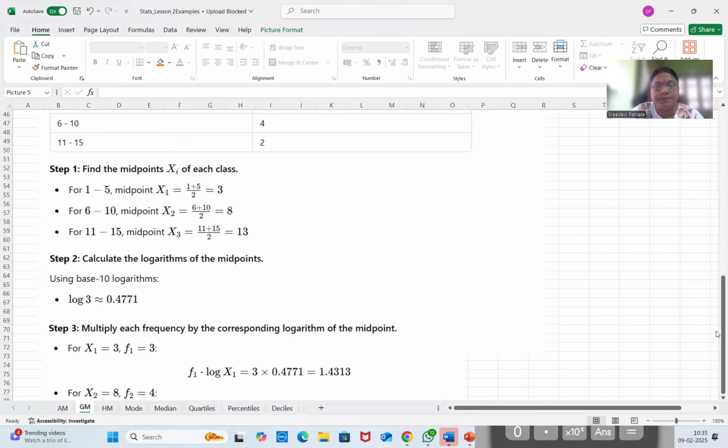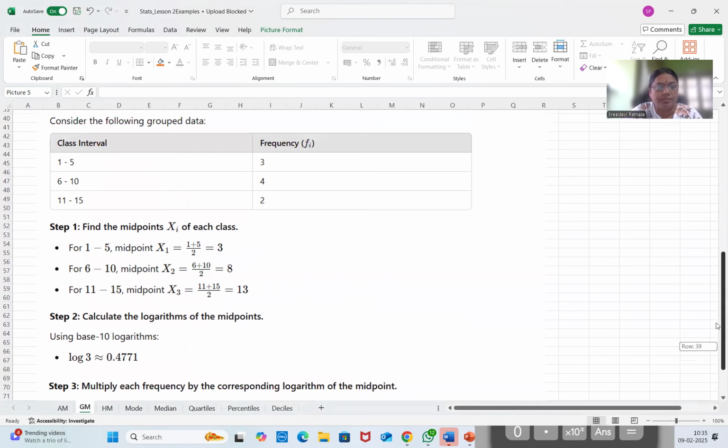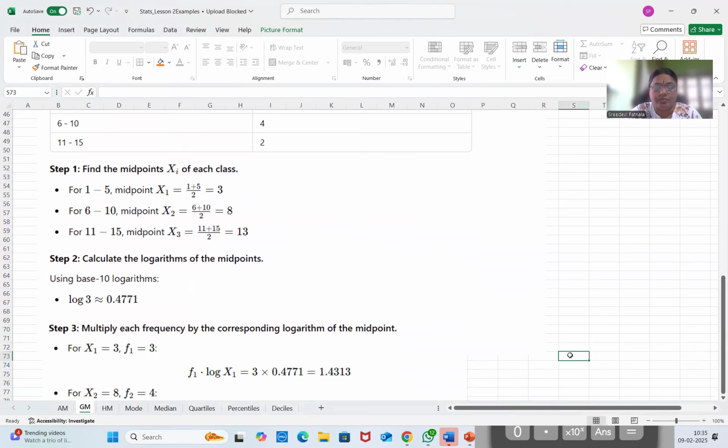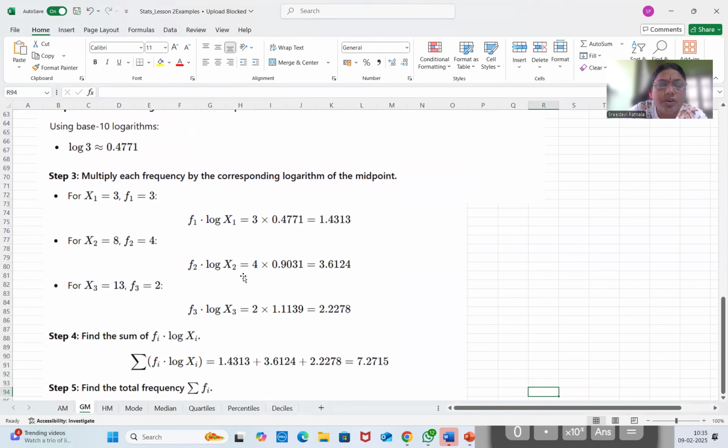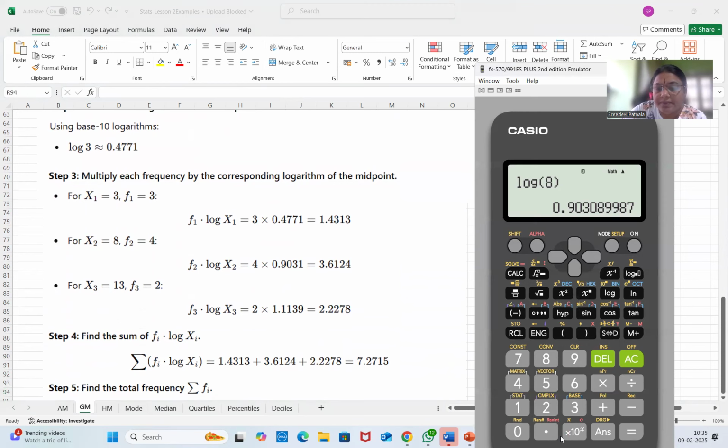So 0.90 is your value for log 8. Similarly, for log 13 you have to use the log value of 13.